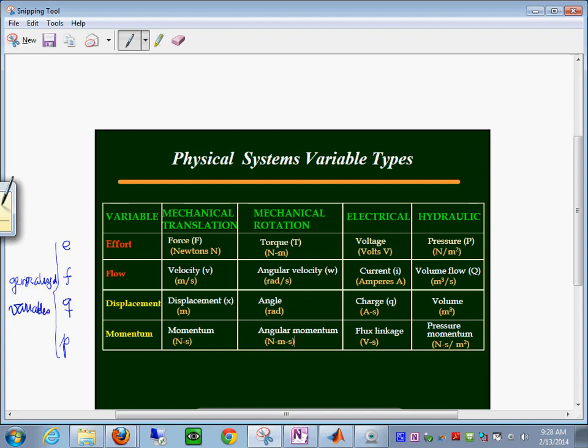Okay, so this is the way we are going to use these four variables for different things.